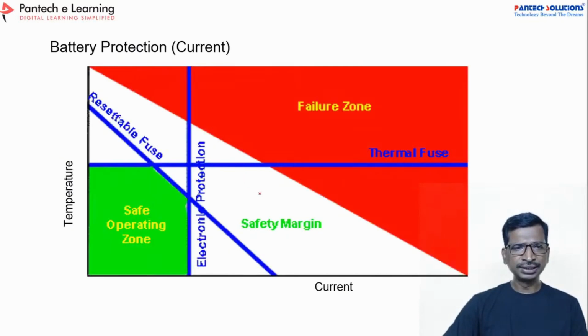And now, protections about the operating zone. See here, if you take the current property, if there is a temperature rise and less current intake or outtake, suppose you take this zone, even though it is red, the battery will not fail. During this period, you have to enable your thermal fuses, the electronic protection circuit, and the resettable fuse.